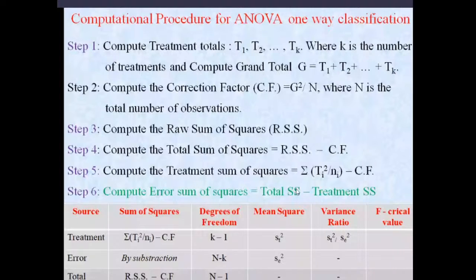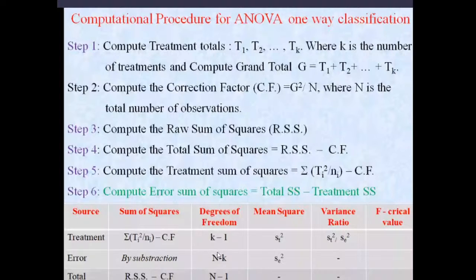Totally, if you have n observations, it is n minus 1. And how many classes do you have? K classes, so k minus 1. And n minus 1 minus k minus 1 is nothing but n minus k.